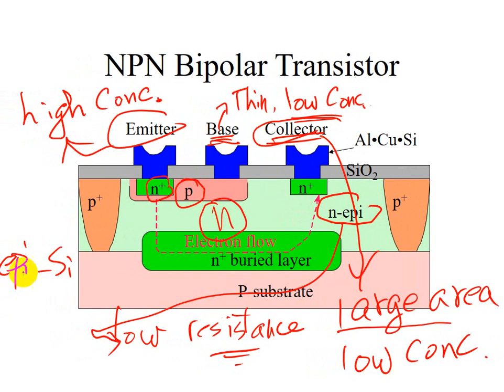This epitaxy silicon is a special layer of single crystal silicon that grows on top of your substrate. This is called epitaxy, and it's an N-type epitaxy area. To obtain an extremely low resistance area is only possible by way of the epitaxy process.